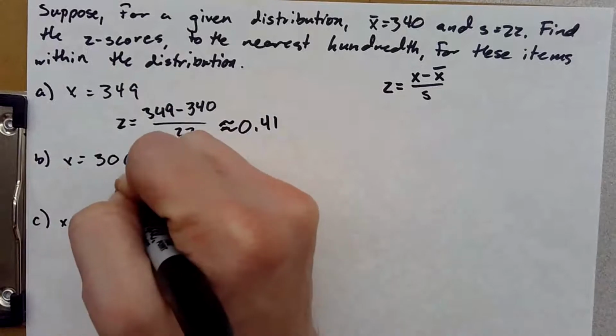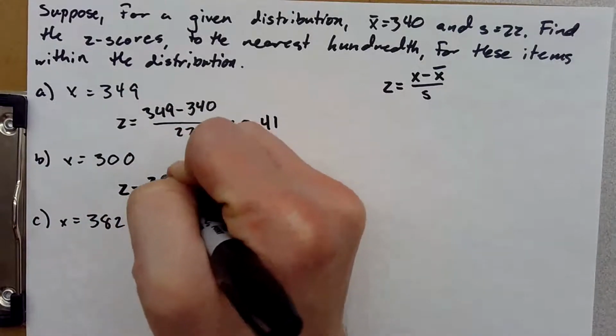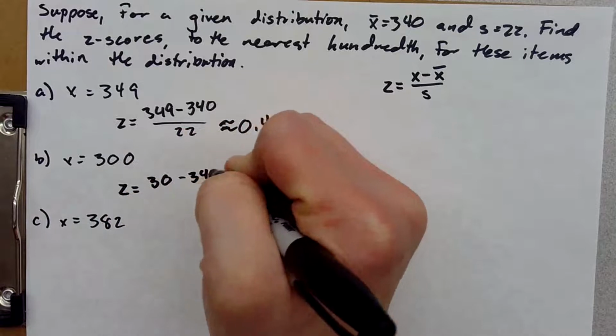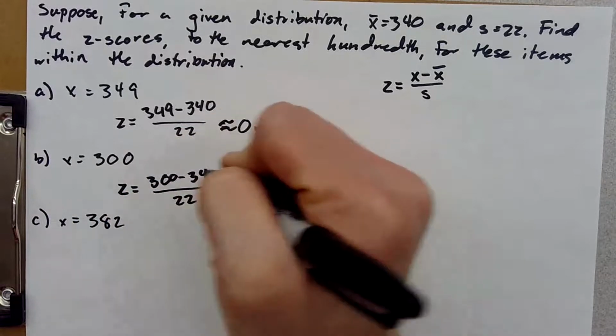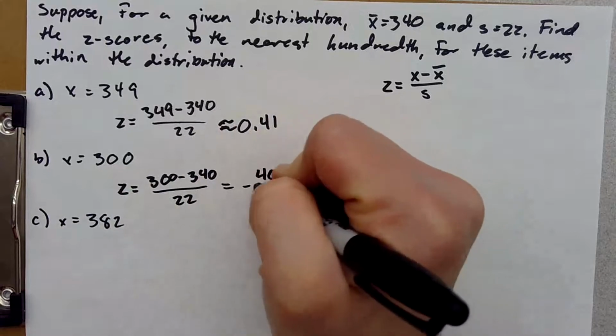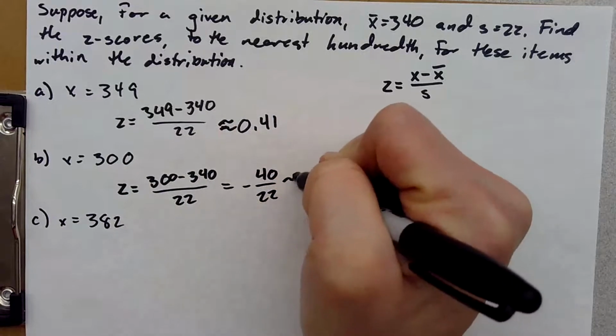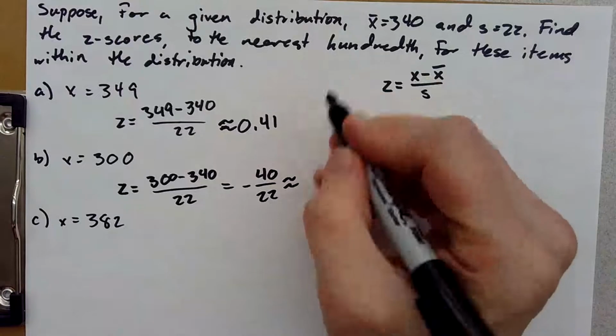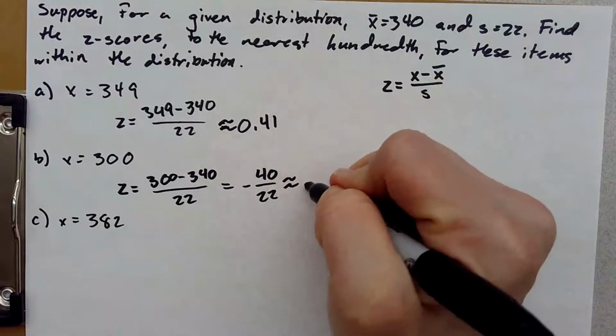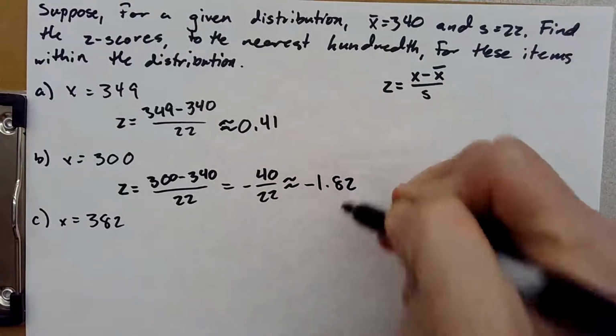If x equals 300, we've got 300 minus 340 over 22, which is negative 40 over 22, or approximately negative 1.82.